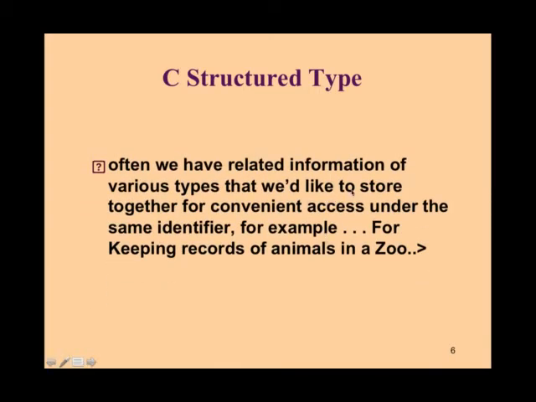Often we have related information of various types that we would like to store together for convenient access under the same identifier. So for example, we want to keep records of animals in a zoo. So we could do it this way.